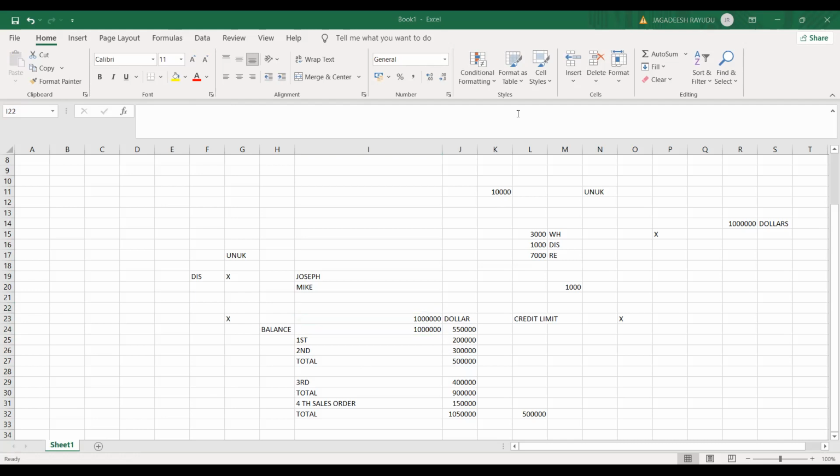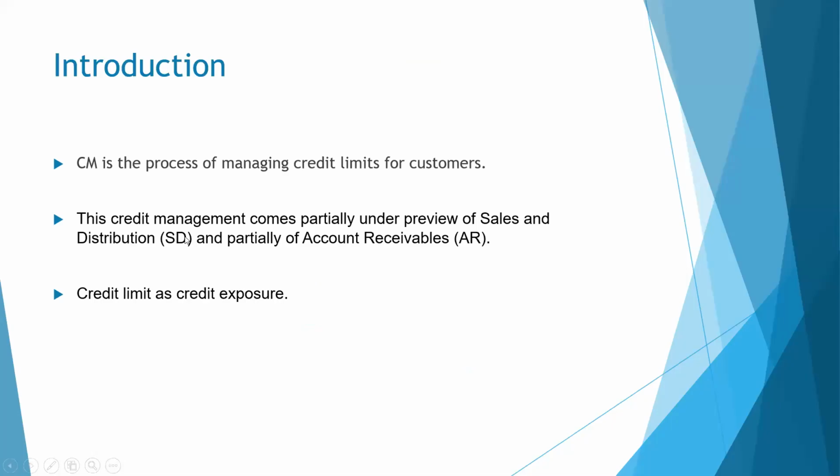So this is all about credit limits. Let's go to the introduction one more time. Now you understand that whatever limit he is supposed to pay will be calculated as credit exposure. That means debt. Let's take an example: you bought a car of 7 lakhs, and every month you are paying 1,000. Just like you pay your loan, in a similar way in this business they are giving the credit limit.